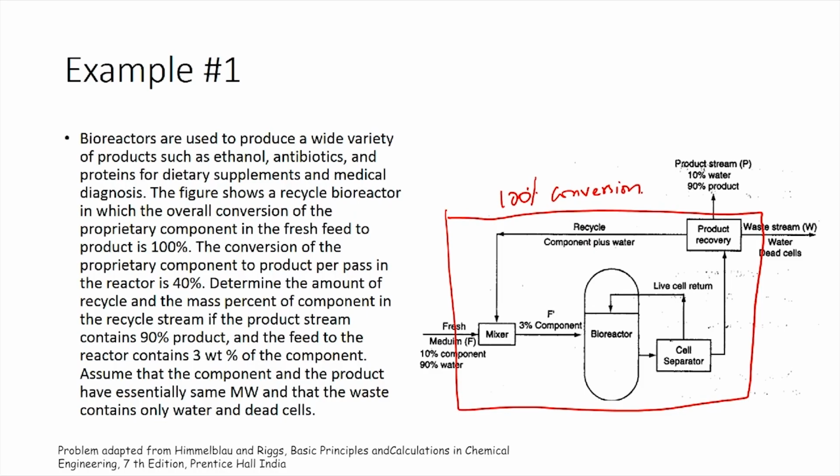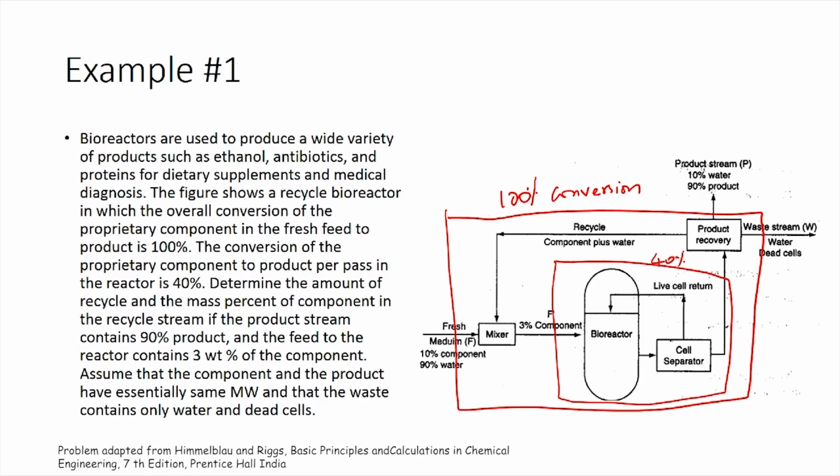We have also been told that there is 40% conversion for the proprietary component which passes through the reactor a single time. So, this particular system, where the component passes through the reactor only once, is called the single pass conversion, and here the conversion is 40% only.